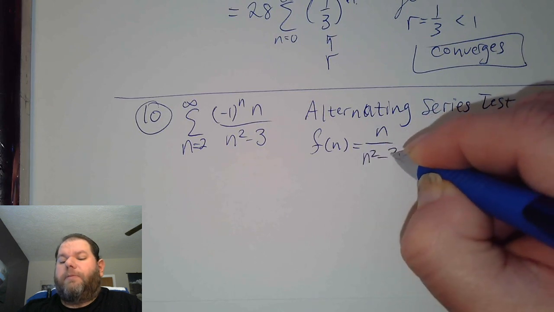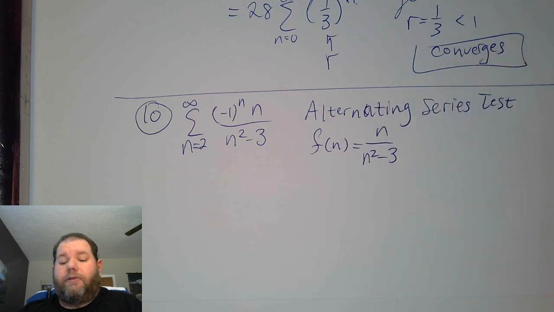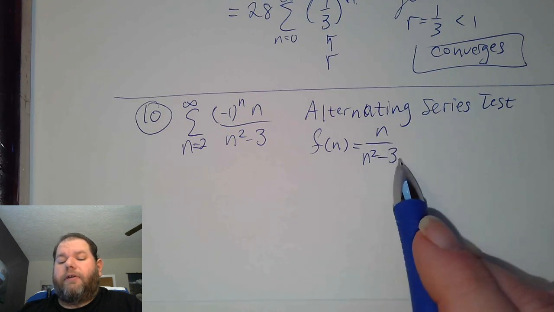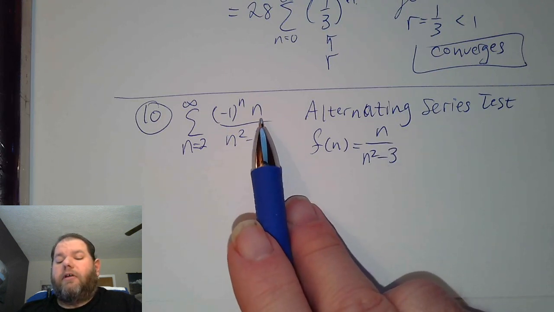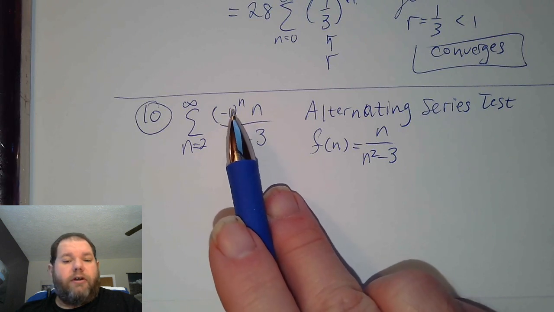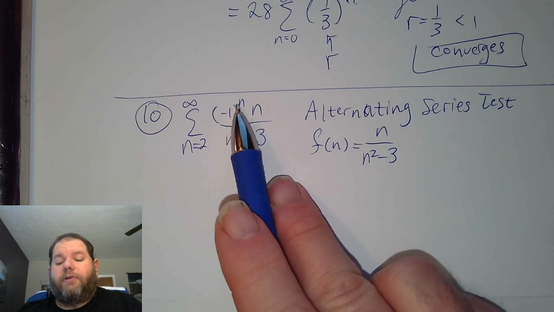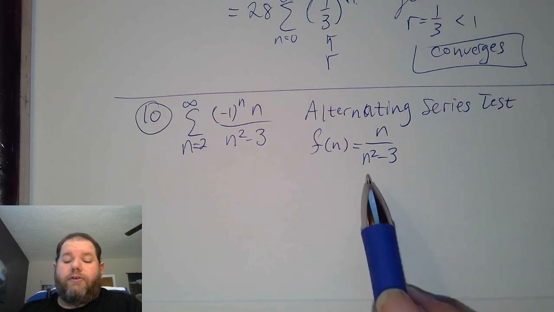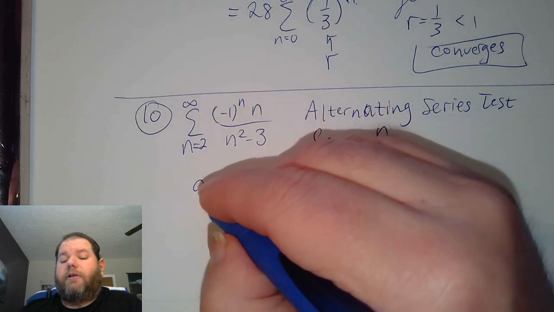This should be a much better example of using the alternating series test. So we're going to use f of n is n over n squared minus 3. Notice that we go ahead and omit the alternating term, -1 to the n, and we just work with this one. Again, there's two conditions that this function has to meet.